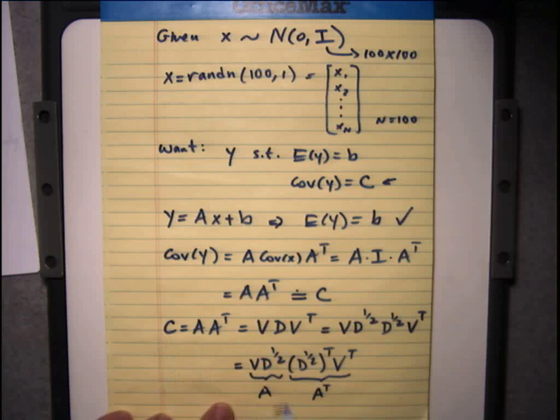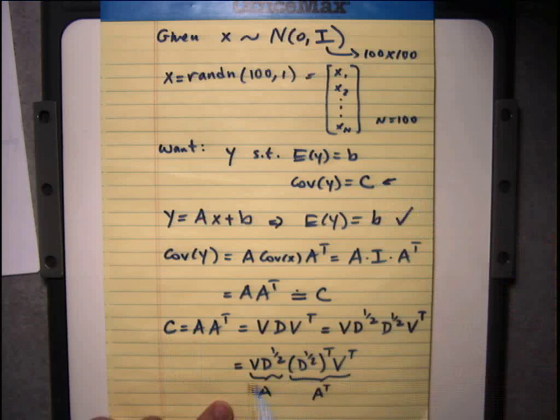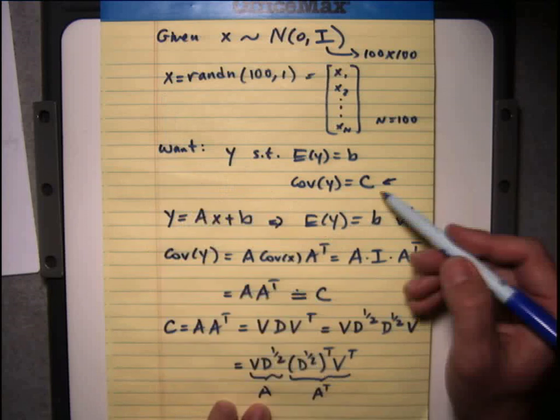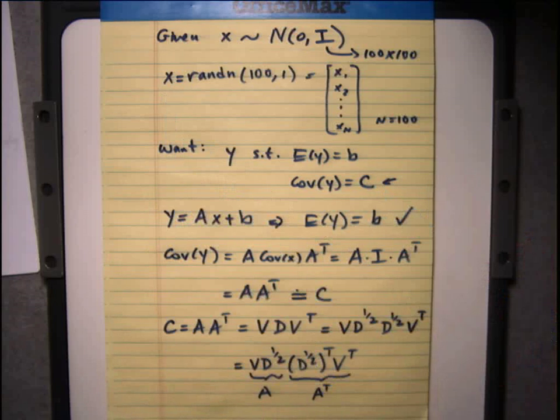Now you can see how you're going to get the A that you need. So if you take your matrix C that you're given, write its eigendecomposition, and then take the square root of the eigenvalues and compute V times D^(1/2). That is the A you need to multiply by this X so that you would get the covariance matrix that you're looking for. Okay?